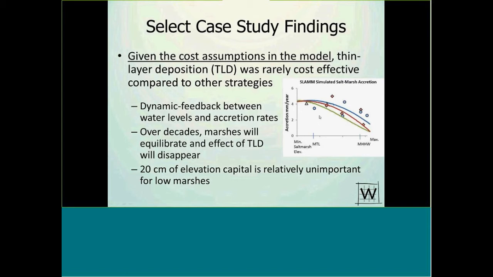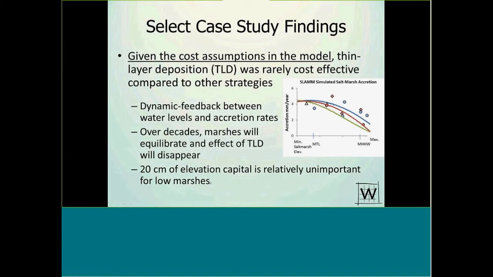So you're adding elevation capital, but you are decreasing the speed at which the marsh is moving vertically. And so over time, you'd expect the marsh surfaces to equilibrate, and so it would be a sort of limited time benefit that you would get for thin layer deposition.